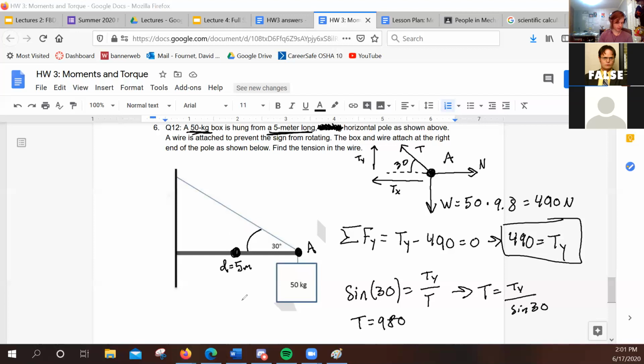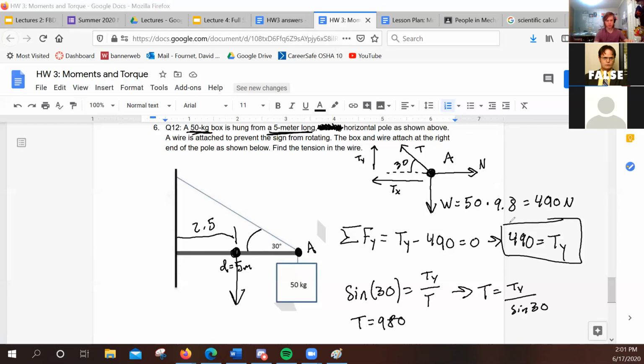We know that it's a 5 meter rod, so half of that is 2.5. And then we would have done some other things to find the tension in the wire.